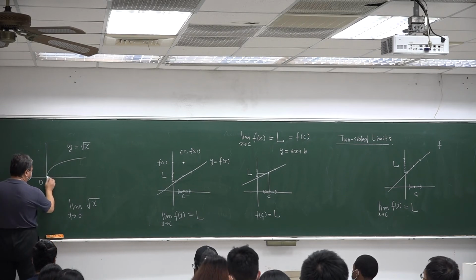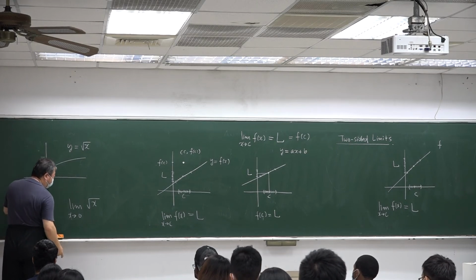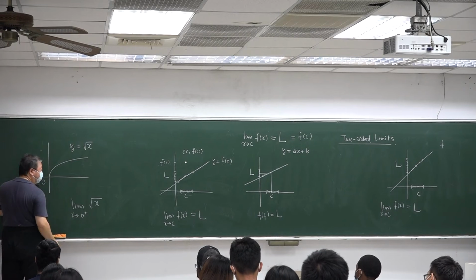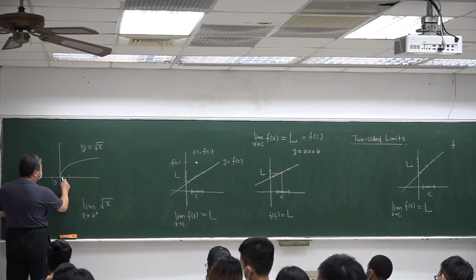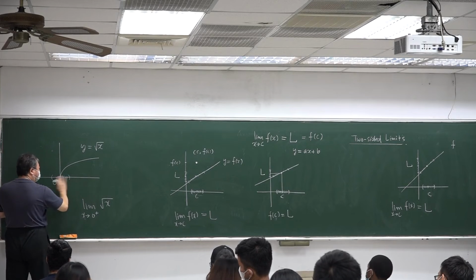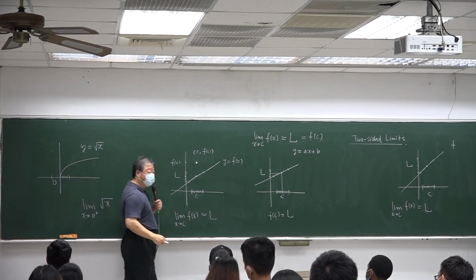Because only the right-hand side of the origin is defined, so we had better put a plus here. It means we consider some neighborhood of 0, but on the right part of the number 0.